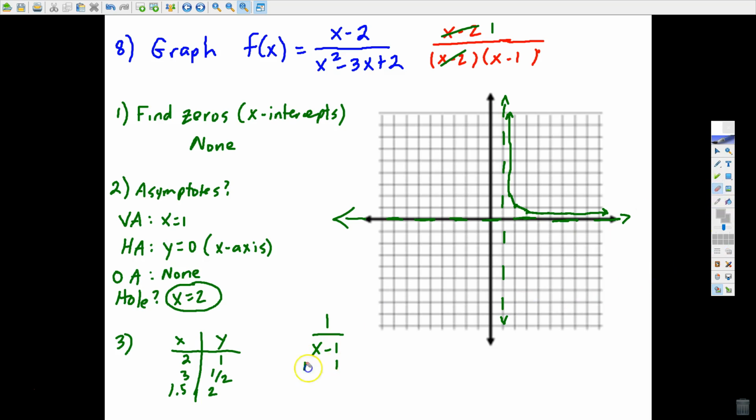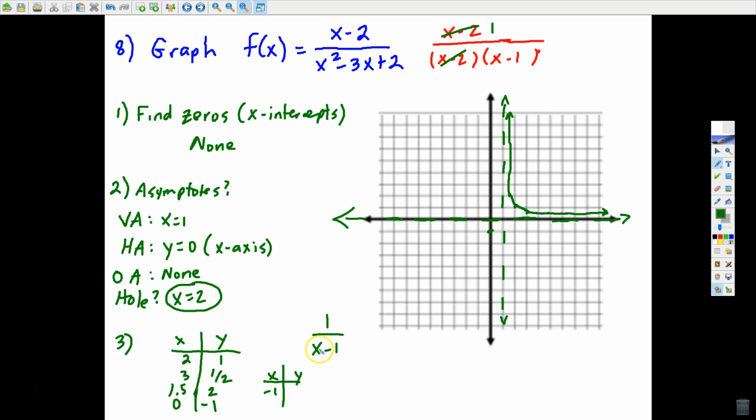And now let's work on the left side. So we're going to choose numbers to the left of x equals 1. We'll start with 0. If we input 0, we get an output of negative 1. So 0, negative 1. If I input negative 1, let's keep on going with our table here.